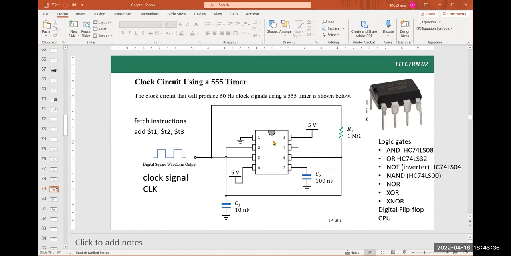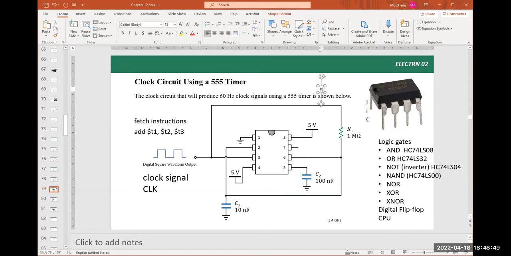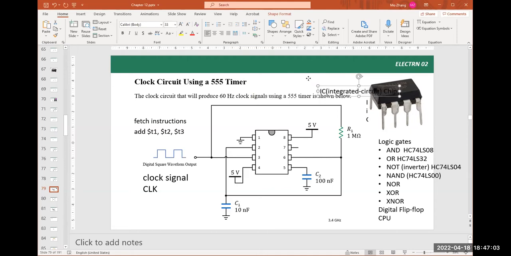And here, actually, this is one more. This is called an IC chip. IC stands for integrated circuit chip. So, an integrated circuit chip.